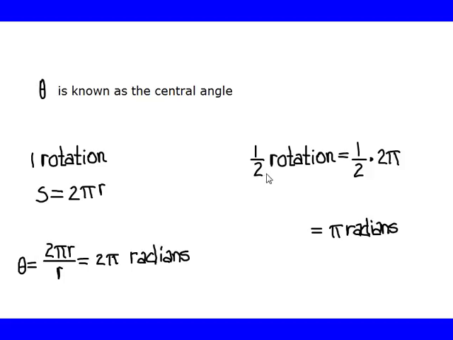Now, 1/2 a rotation. If we multiply both sides of that equation for one rotation equaling 2 pi by 1/2, then 1/2 a rotation is equal to pi radians. That's half a circle.